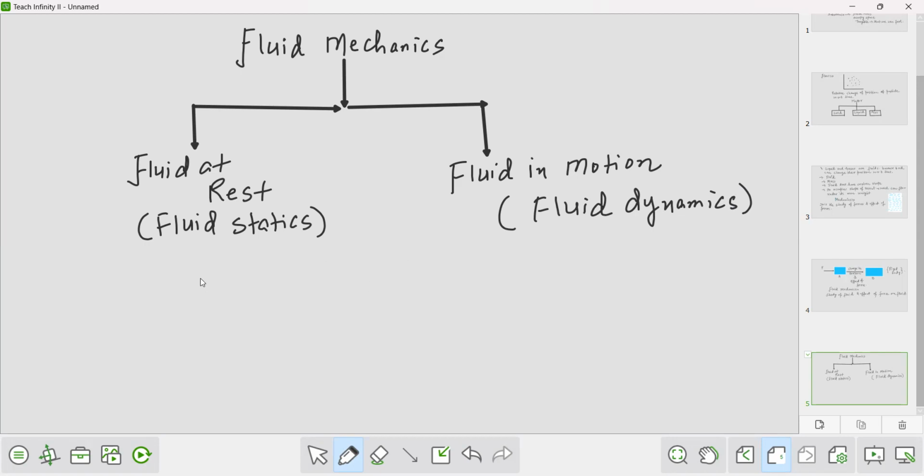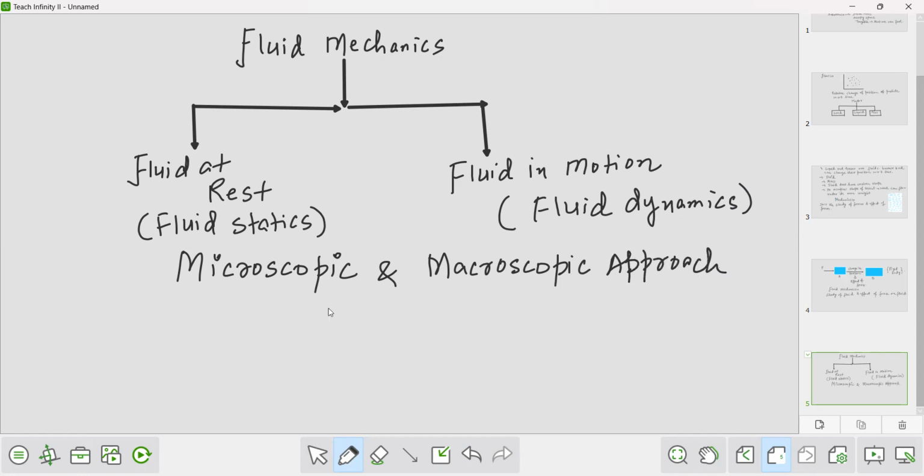Now we will give you another concept, that is microscopic and macroscopic approach. What is this?